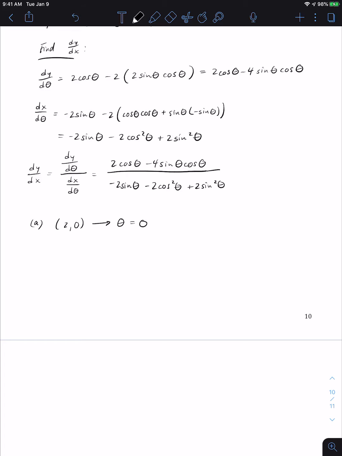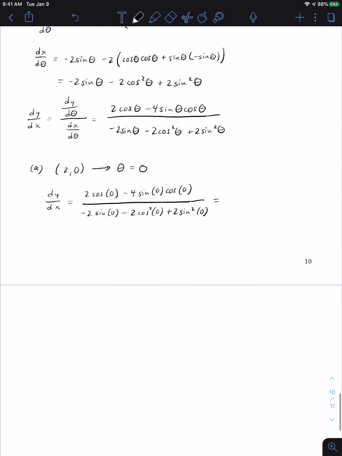So at that point, for dy/dx, I'm going to plug in 0 for theta. So 2 cosine of 0 minus 4 sine of 0 cosine of 0, over top of minus 2 sine of 0 minus 2 cosine squared of 0 plus 2 sine squared of 0.